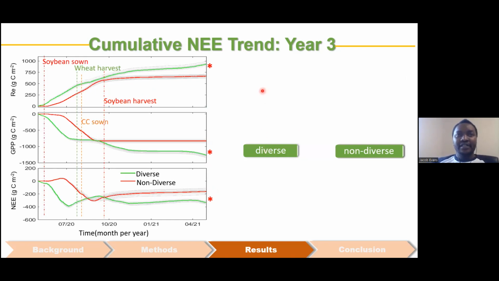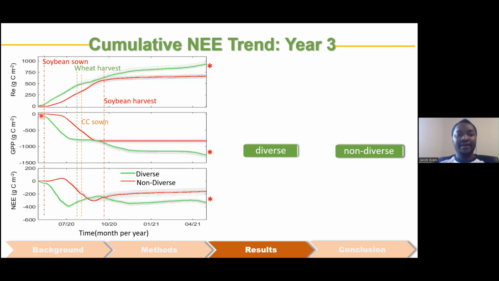Okay, it gets interesting in the third year. The pattern is different this time between the two NEE curves, because the timing of things was different. Wheat sown in the previous year, together with cover crop sown in this current year, decreased carbon loss that would have otherwise occurred in this shoulder season.